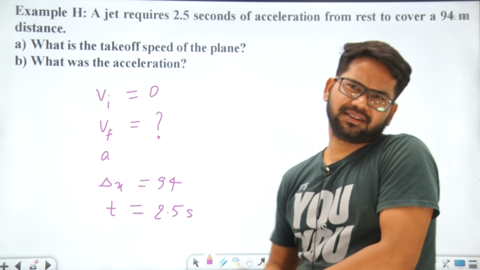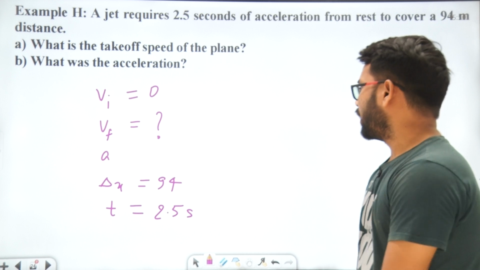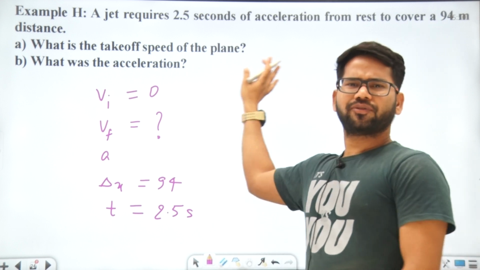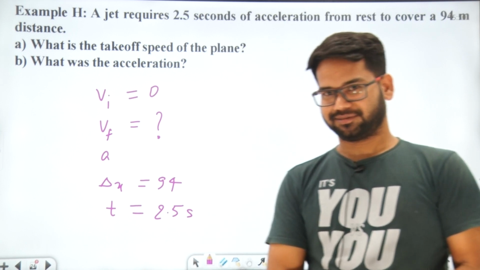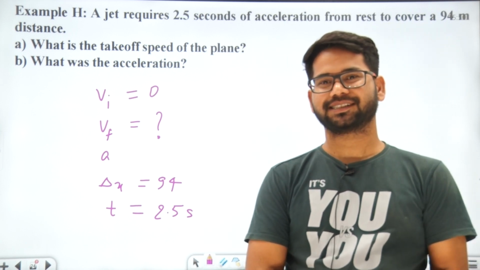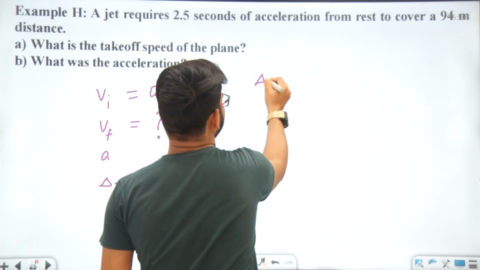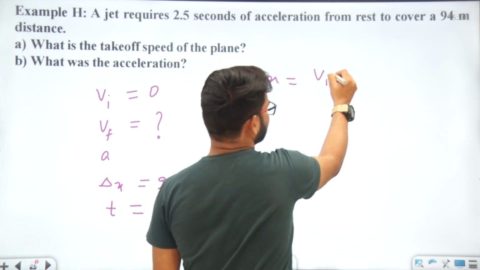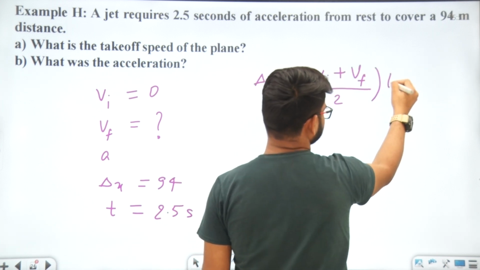Don't go for B. First solve A, then we will go for B. For A, we need the no acceleration equation. If you remember, we can write delta x equals Vi plus Vf over 2 into t.